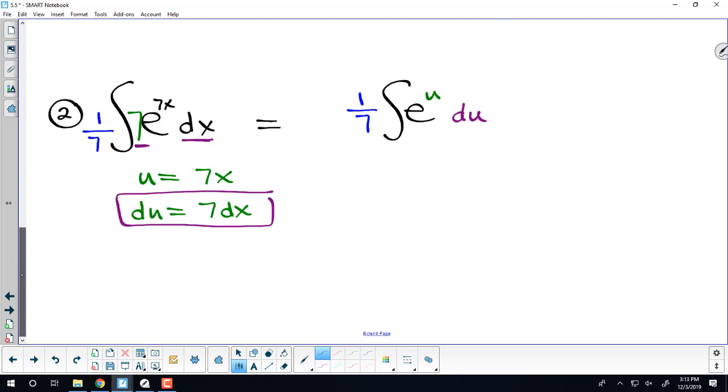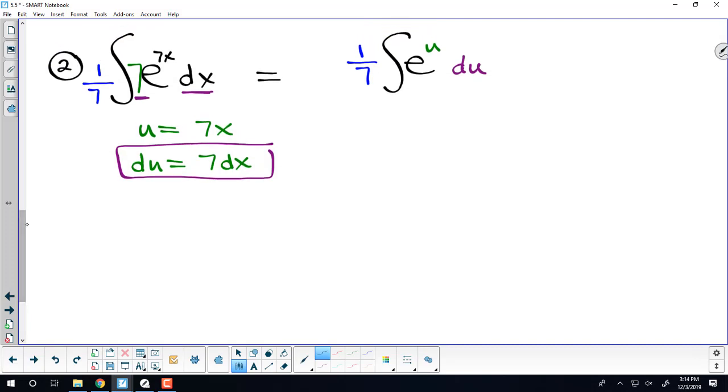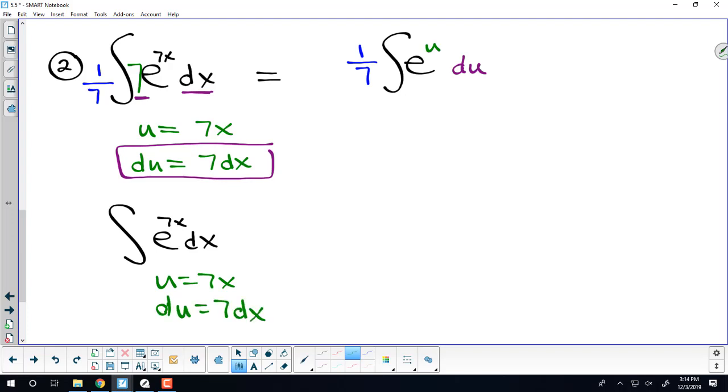I mean, it's the same thing you're doing when you do it the other way. Just look at it a bit differently. If you say u is 7x, then du is 7 dx. But I don't have a 7 dx here, so I solve for dx, and I say it's 1/7 du.